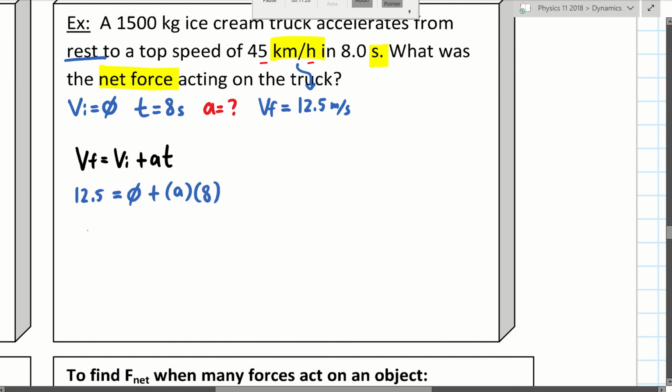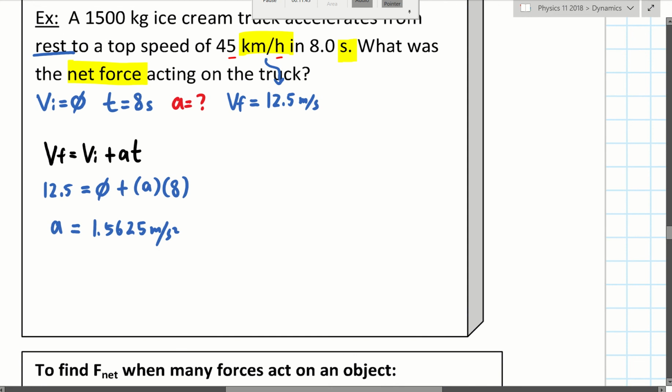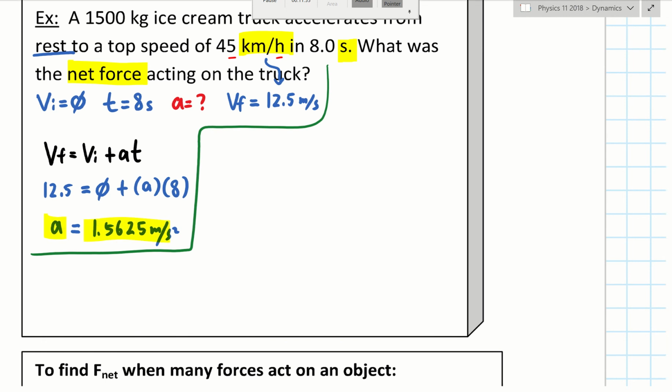Divide both sides by 8, acceleration is done. 1.56 meters per second squared. I'm keeping more decimal points than I usually do because I know this is not my final answer. My final answer isn't this acceleration, so we're going to use that acceleration in the next part.